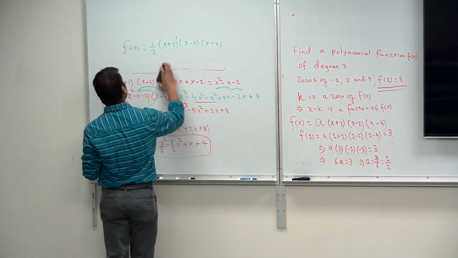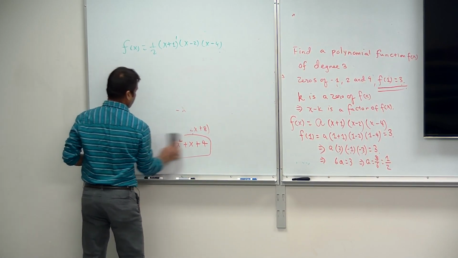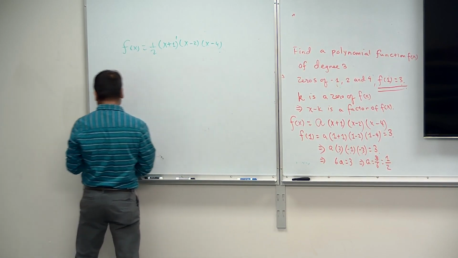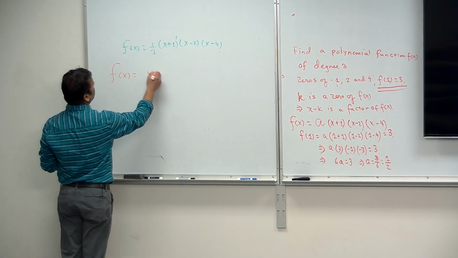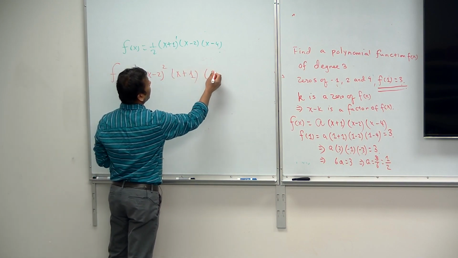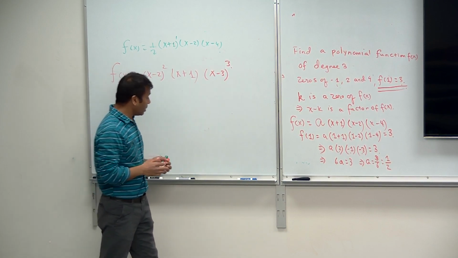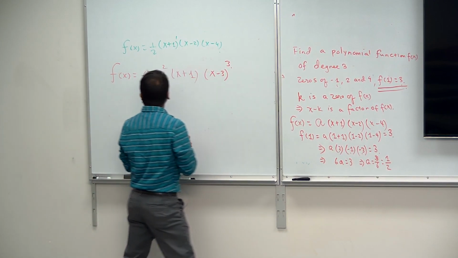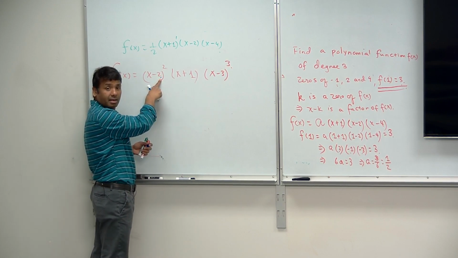So let's say you have a function f of x equal to x minus 2 squared times x plus 1 and x minus 3 to the power 3. Did you see that? Right? So now the 2 is a 0, right?